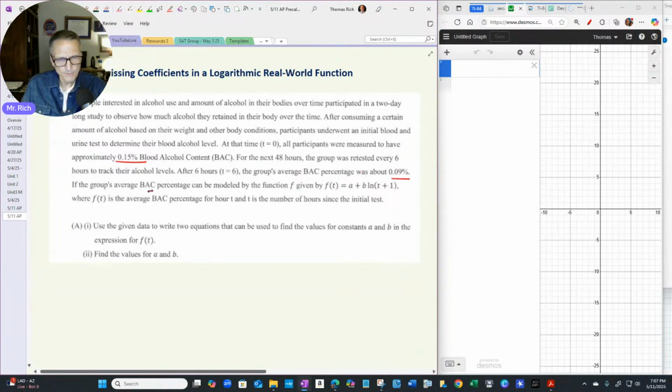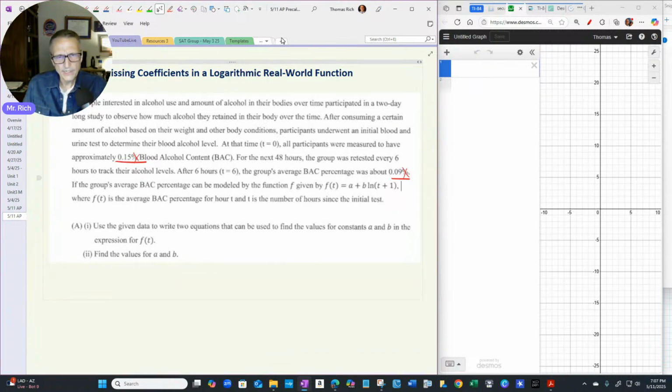If the group's average BAC percentage can be modeled by this function, where f of t is the average BAC percentage, I'm going to drop the percent signs here and use those numbers, 0.15 and 0.09. For hour t, t is the number of hours since the initial test. The first question says, use the given data to write two equations that can be used to find the values for constants a and b in the expression for f of t.